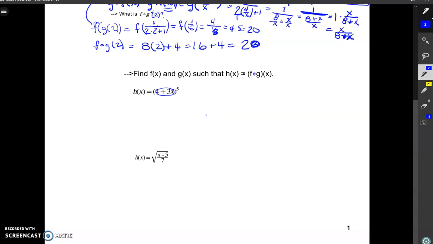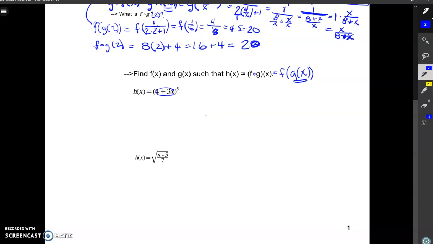Remember, f of g is like this. f is the outer function and g is the inner function. So it's like we're taking 4 plus 3x, and we're taking that quantity to the 5th power. Do you see how we have a function inside of a function?